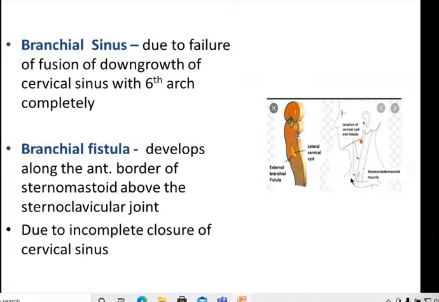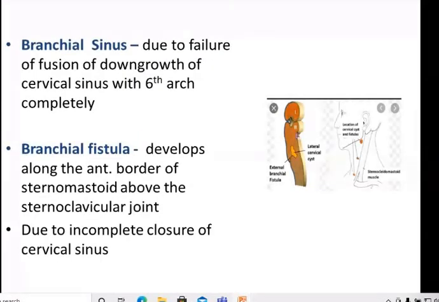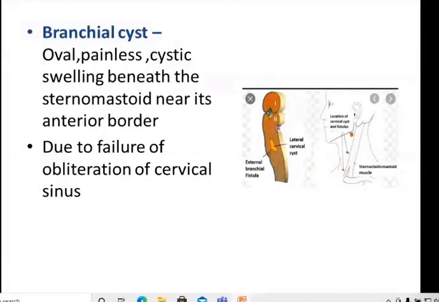It is also due to incomplete obliteration, or closure, of the cervical sinus. So whenever there is failure of obliteration of the cervical sinus, it will give rise to a cyst, fistulas, as well as branchial sinuses.